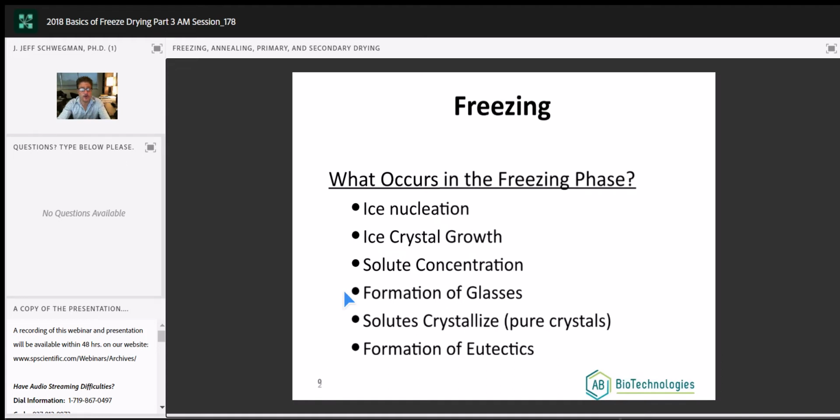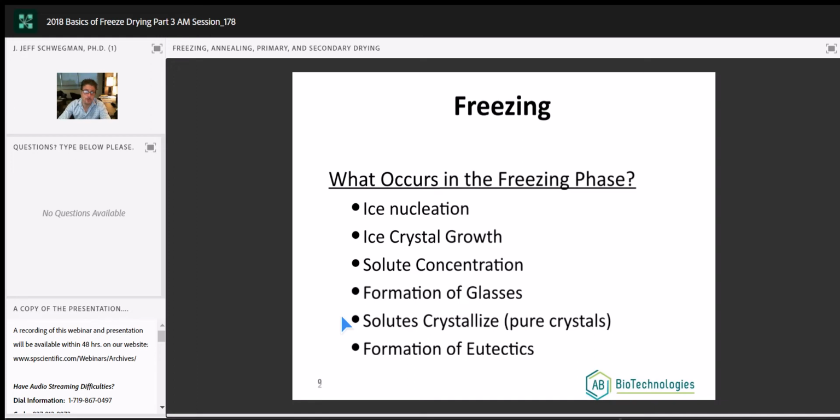Finally, we hit a temperature and a concentration where one of a couple different things is going to happen. We get glass formation that we talked about last time. If it's not going to crystallize, we may get a stable glass, or we may get an unstable or metastable glass. If the solute is going to crystallize, then it will form that eutectic.